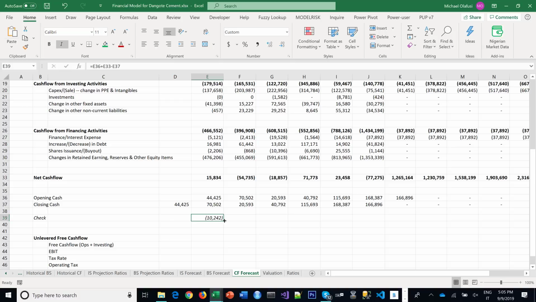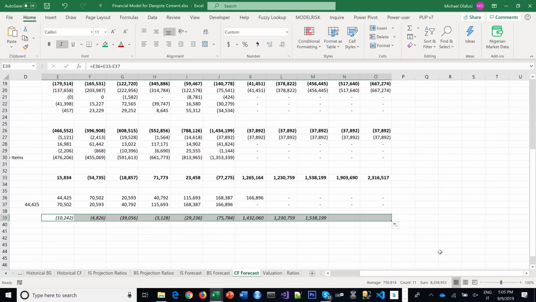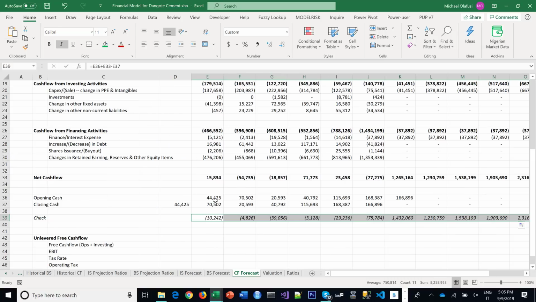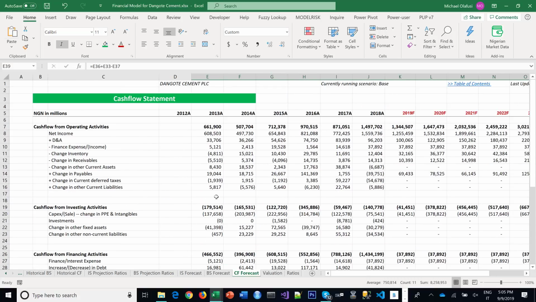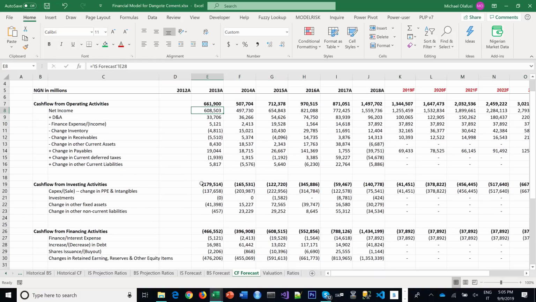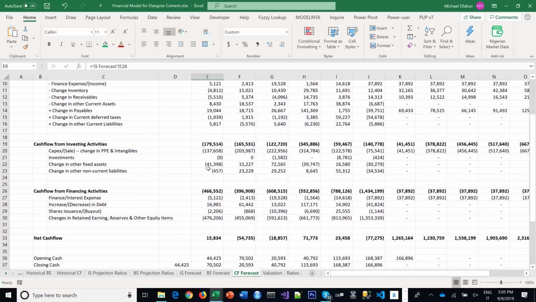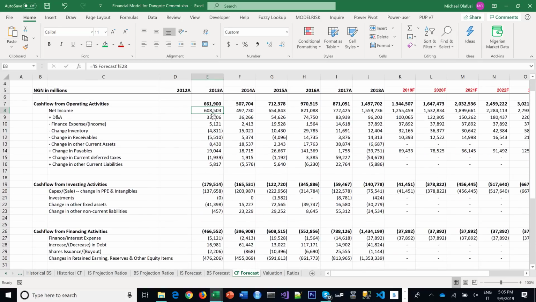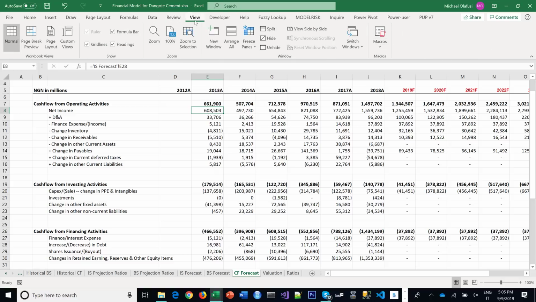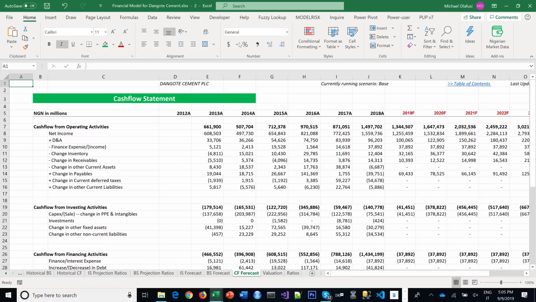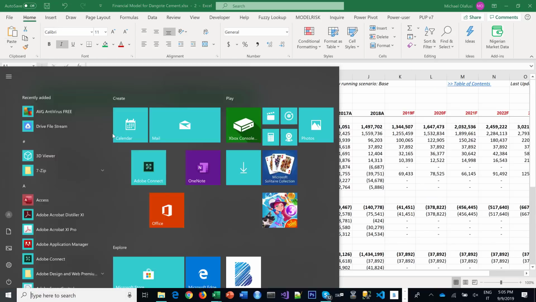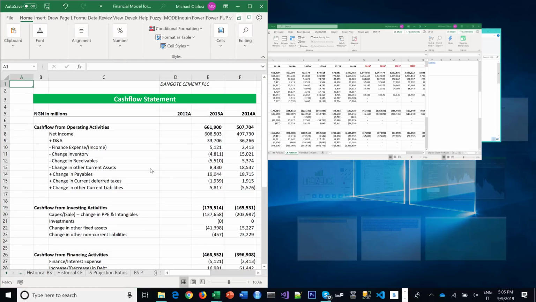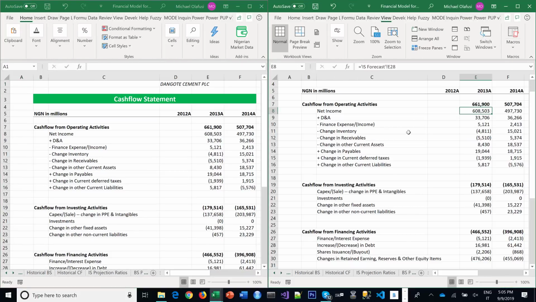So it's not coming up to 0, so I just need to check what I have done wherever there is an issue. Whenever there is this issue, the first thing is to check that I've picked everything from the right places. So I'm going to place them side by side and verify if I have picked everything correctly.